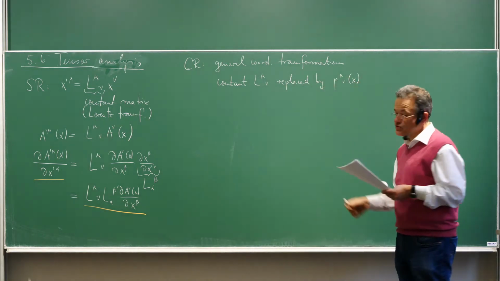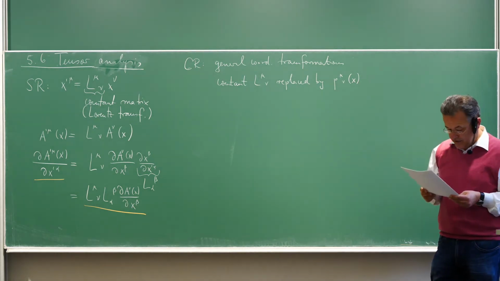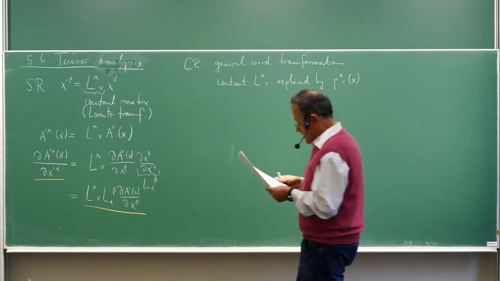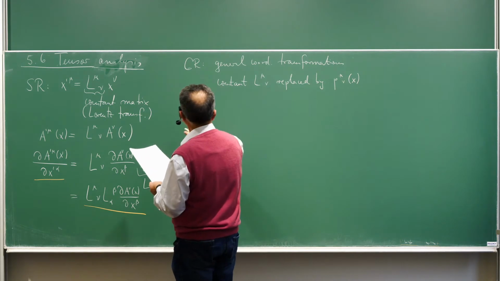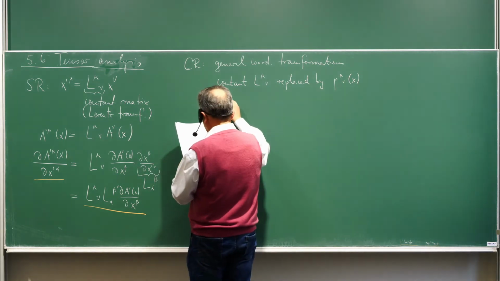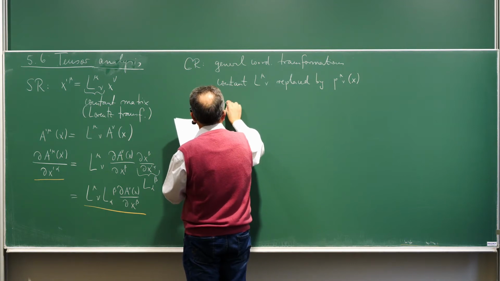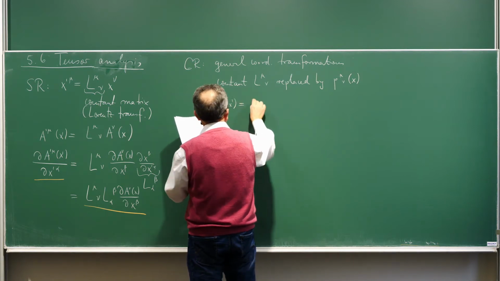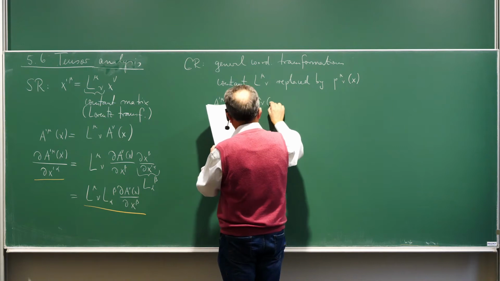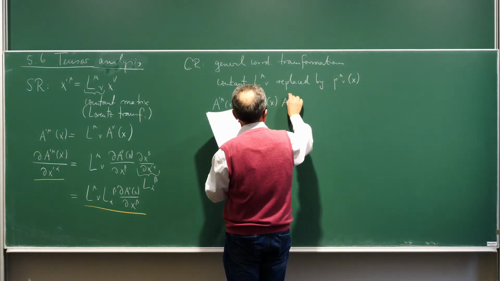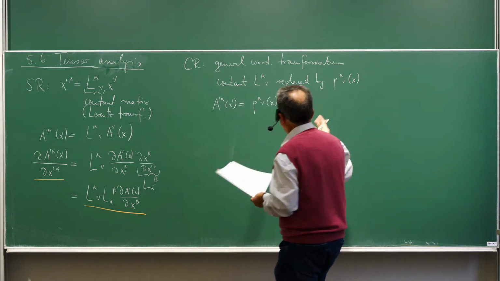So you can choose it differently at every space-time point. Of course, for a vector field we have the analog of these. So we have A prime mu of x prime is P mu nu of x times A nu of x. So far, so good.